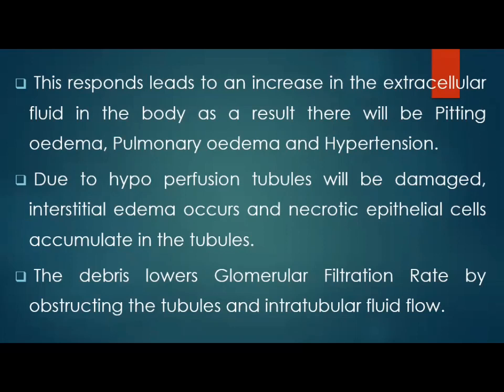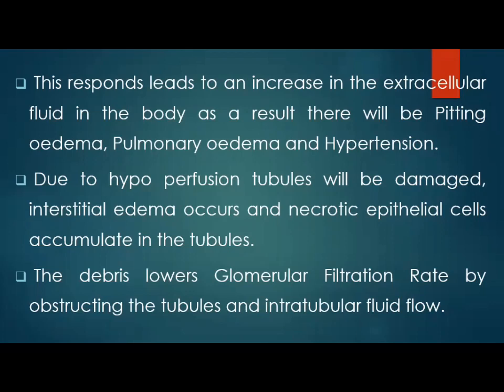Then the debris lowers glomerular filtration rate by obstructing the tubes and the tubular fluid flow. So lastly now, these dead tissues will accumulate in the tubes, in the glomerulus, in the kidney tissue itself, the organ itself.